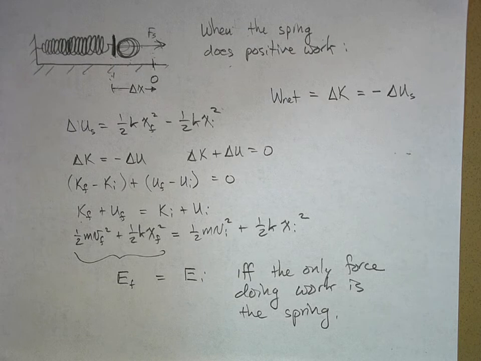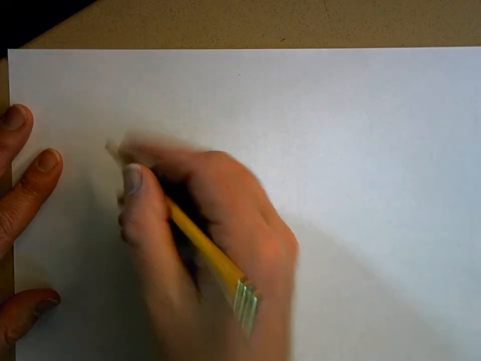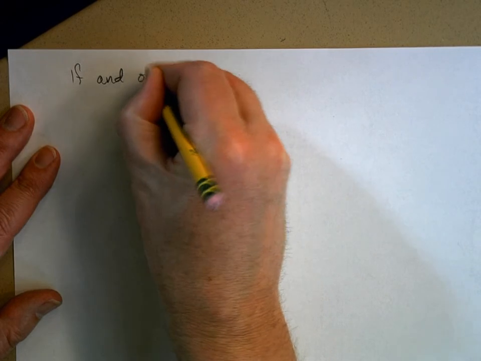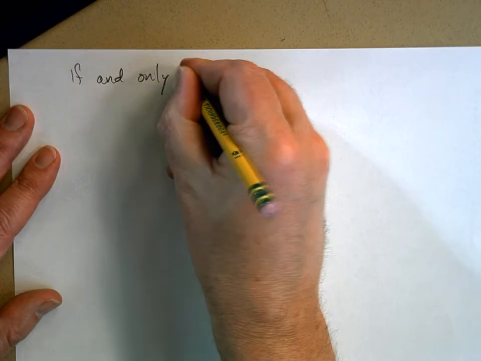Everybody done with that? Okay, so this would be the last. We're finishing up now. If and only if, look, I wrote out the whole thing. That's how important this is.